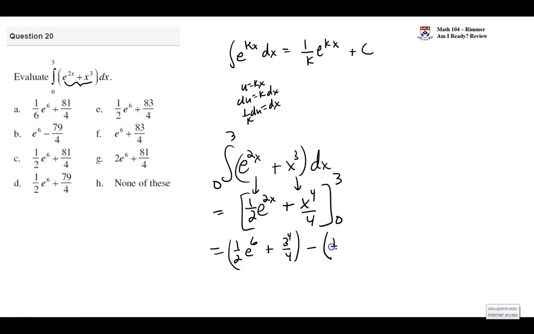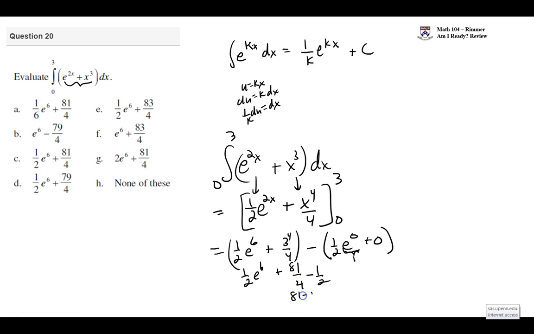Plug in a 0, we get e to the 0 plus a 0. And we end up with half of e to the 6th and 81 over 4 minus a half, because e to the 0 is a 1. And so that's 81 over 4 minus 2 over 4.